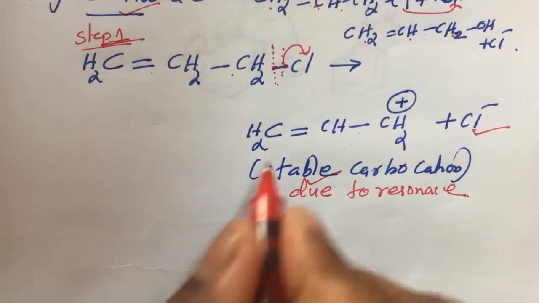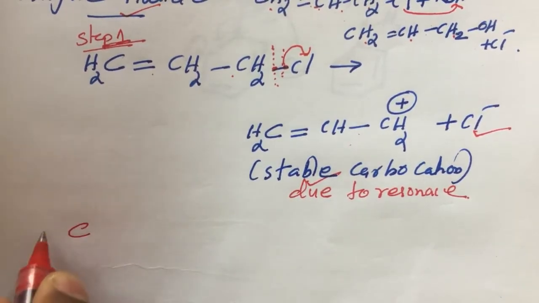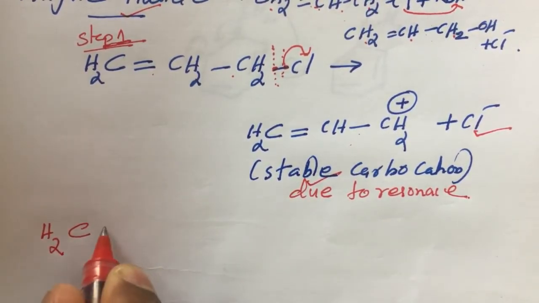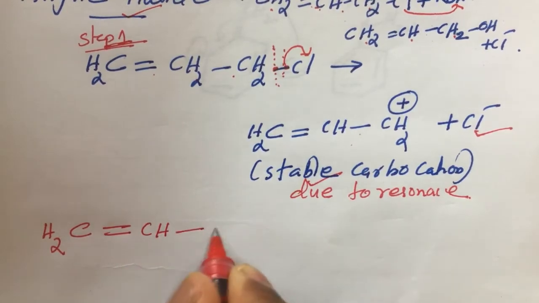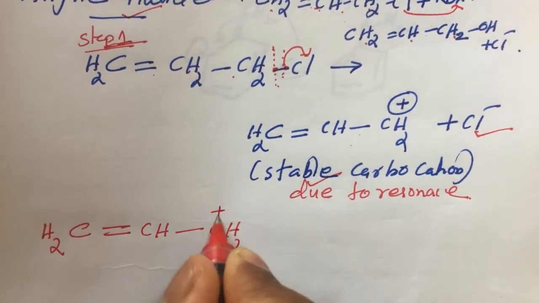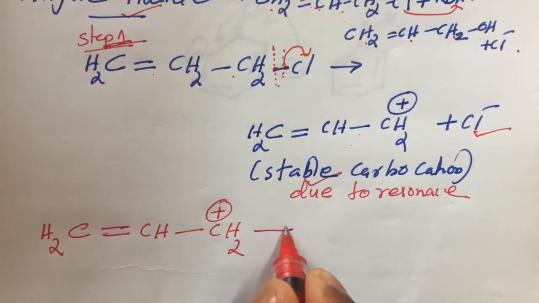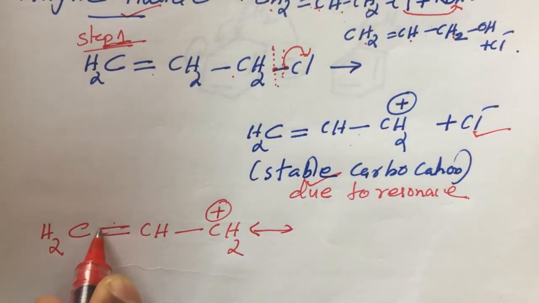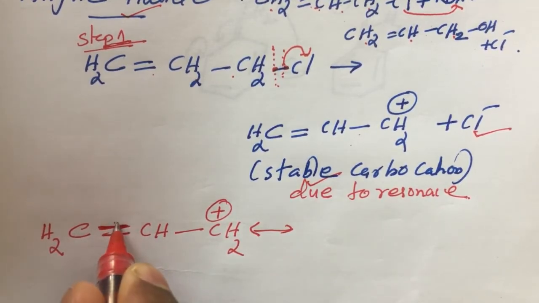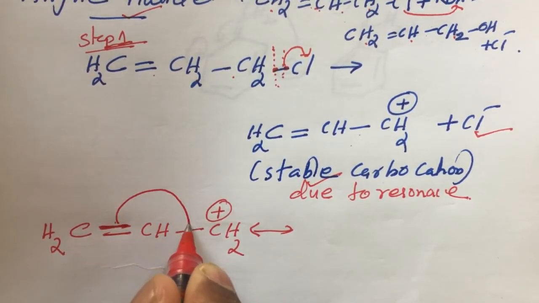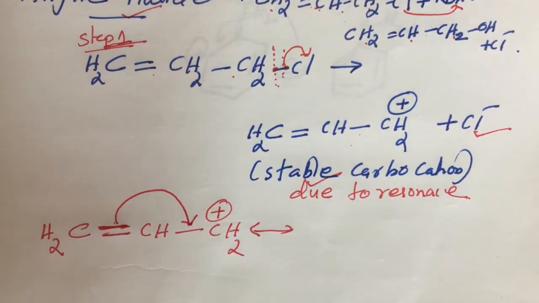Let's see the resonance structures of this carbocation. CH2=CH-CH2 plus. Then resonance: these two pi electrons shift to this position.